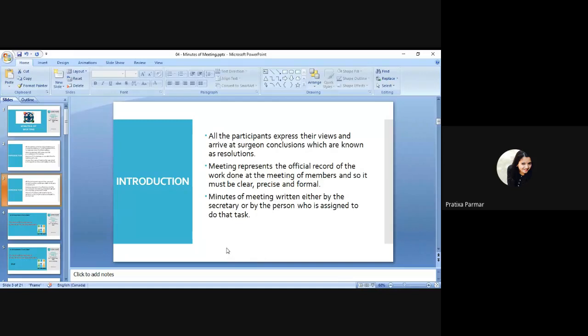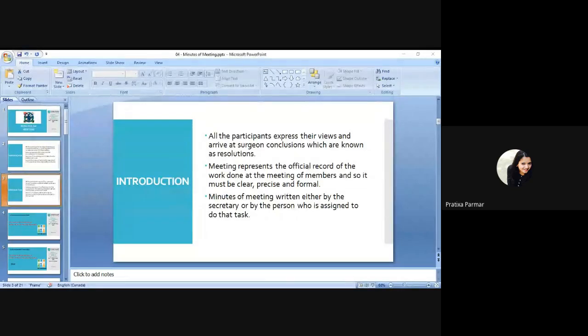Minutes of the meeting are written either by the secretary or by the person who is assigned to do that task. Now, let's say at the workplace you are having a meeting with your head of the department. So ideally, what happens? Of those who attend the meeting, only one person maintains the record.